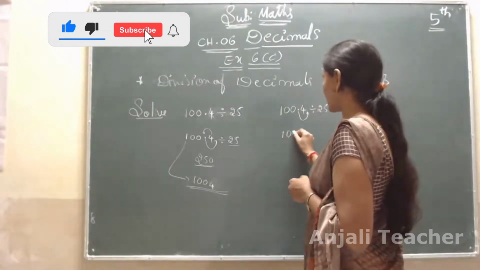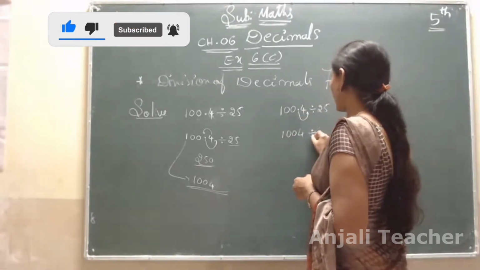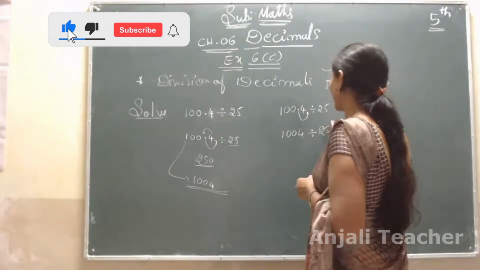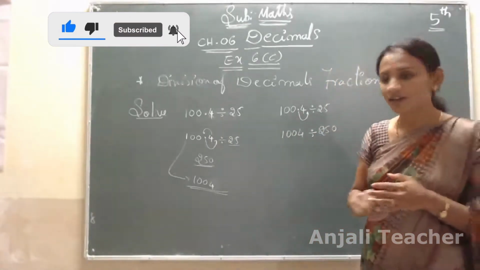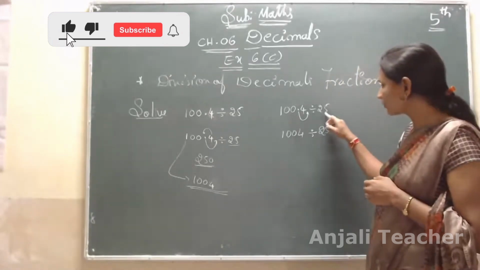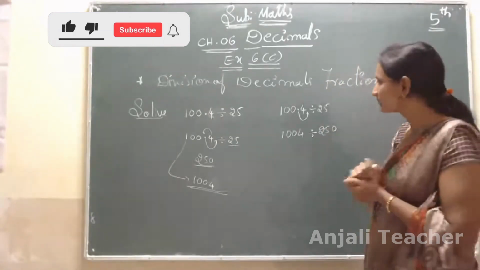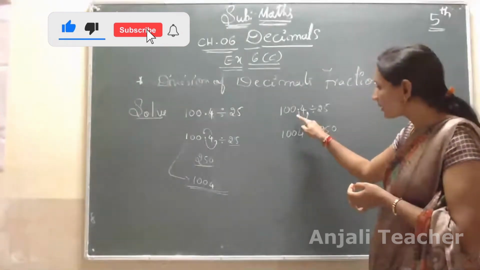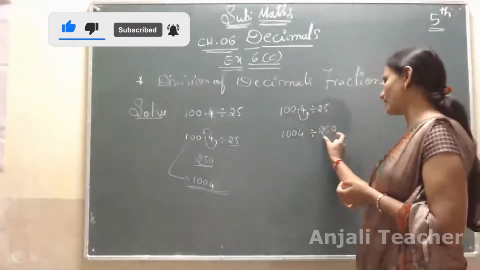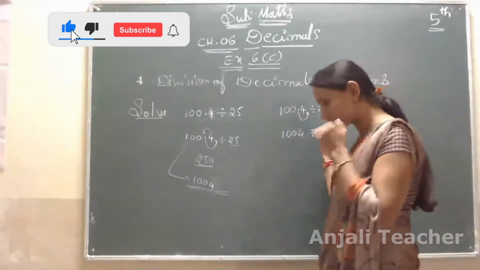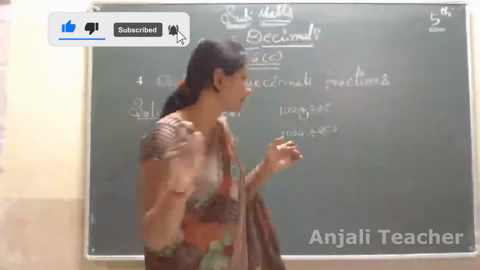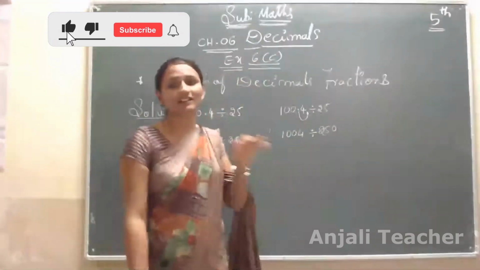So this is 1004 divided by 250. Students, how? Because I wrote 25 here, I have taken 250. How can you observe here? Because the point is moving, for the divisor you have to take that value, 250.